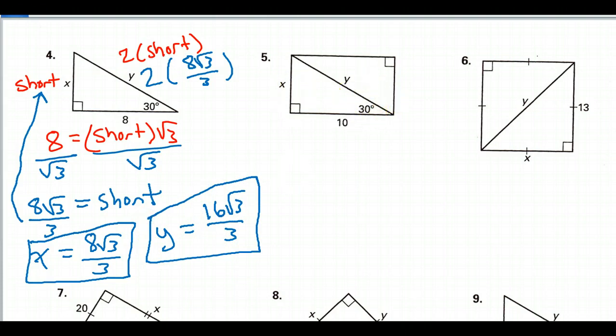Number 5. This is the short side, so this is short radical 3, and this is 2 short.